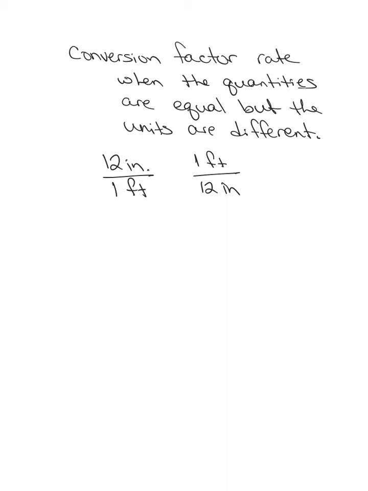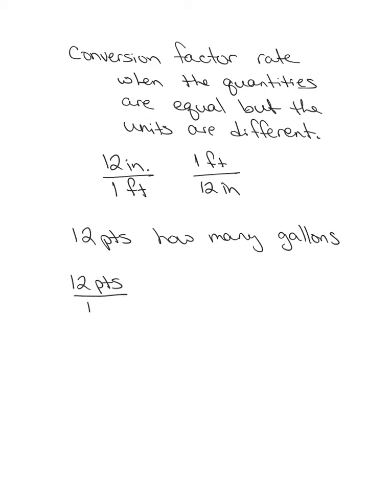So an example of that is if I have 12 pints, how many gallons is that? Well, we can go through a couple steps in converting this. So we start with 12 pints. And we just put it over 1 because it's a whole number.